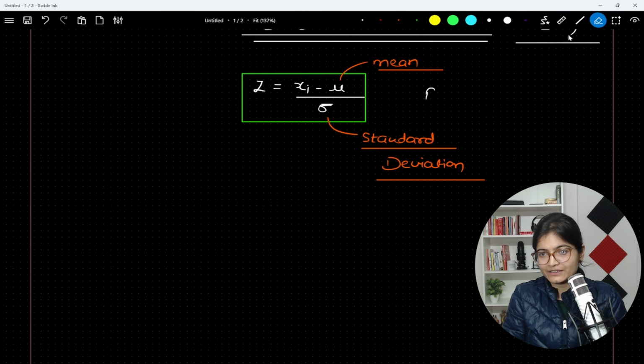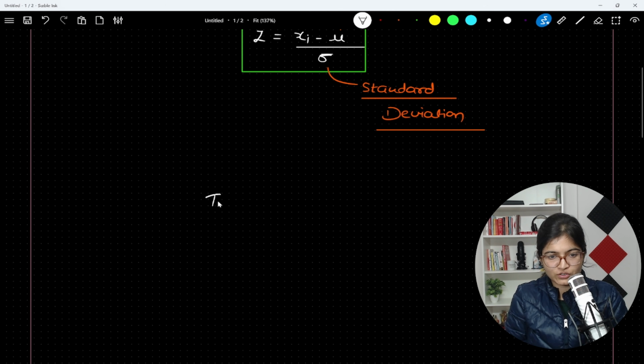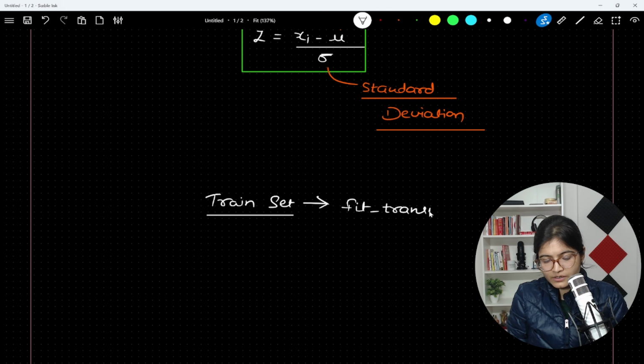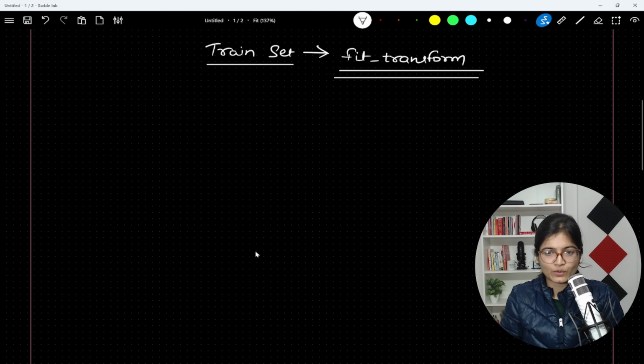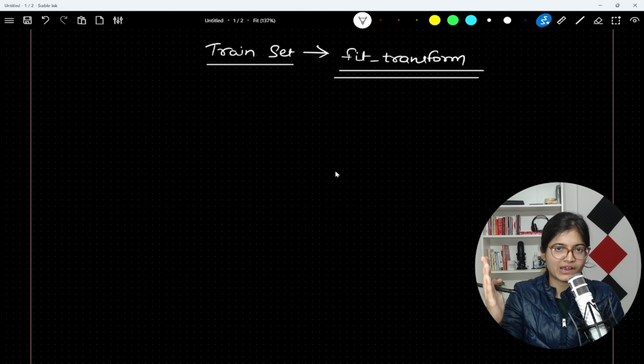When you are saying that in the training set you are applying a function named fit underscore transform, that is the question, right? In the training set, when we are doing standardization, we are applying a function named fit underscore transform. The question is what this function is doing. This function is composed of two tasks, fitting and then transforming.